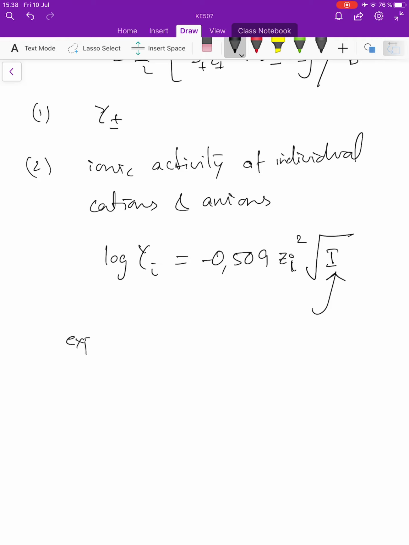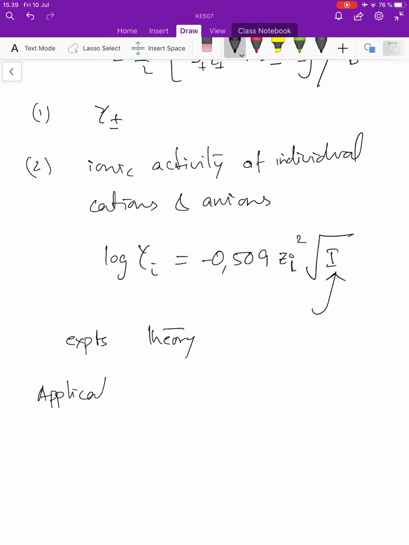For very dilute solutions, the experiments which we talked about earlier and the theory agree, indicating that indeed there are ion clouds surrounding ions in electrolytic solution.